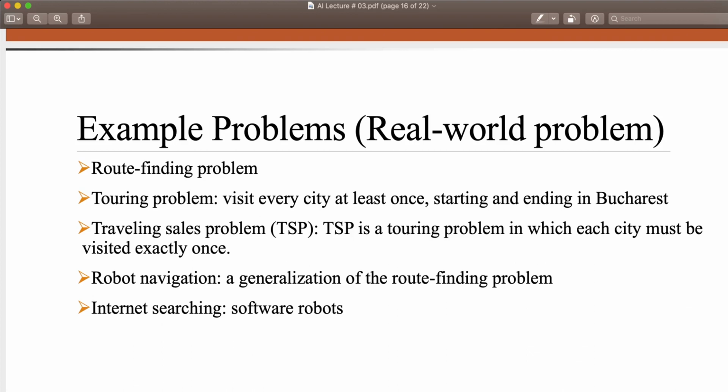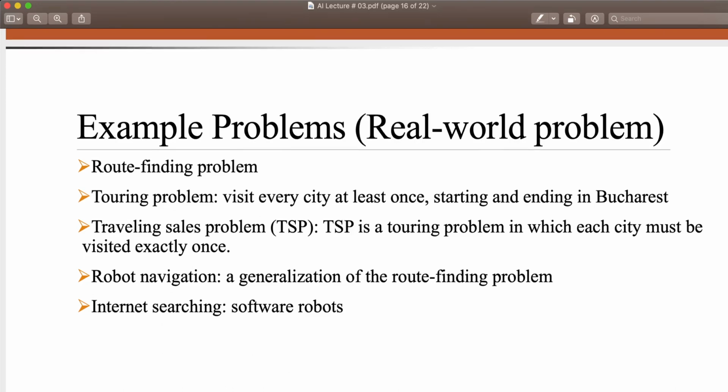And the last problem is internet searching. If you want to search something on the internet and your agent is a software robot, this can be a real world problem, and we can formulate all these problems. We will see how to formulate them in advanced chapters.